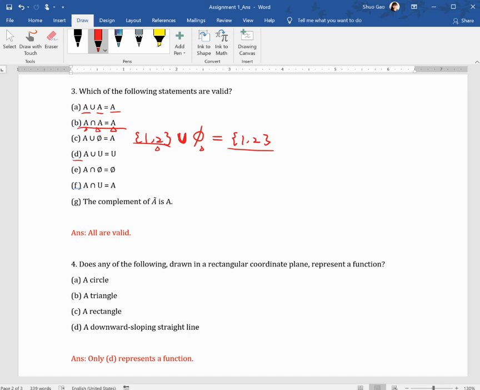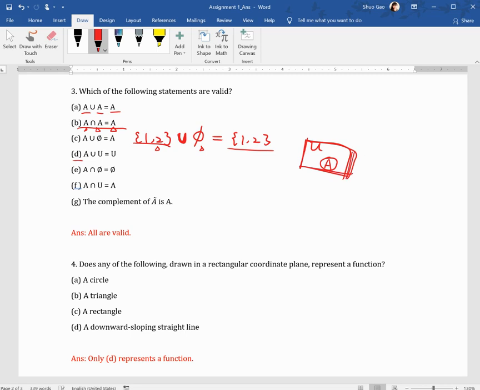And D, A union a universal set is also the universal set. This is also true because, as I said, the universal set includes everything under consideration. So if this is the union set, this is a universal set, and this should be the set A, right?